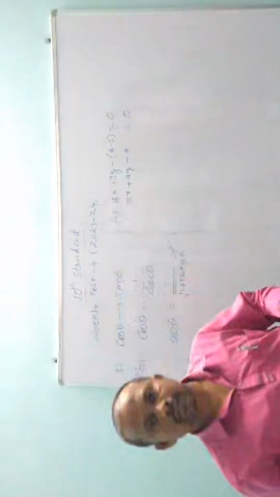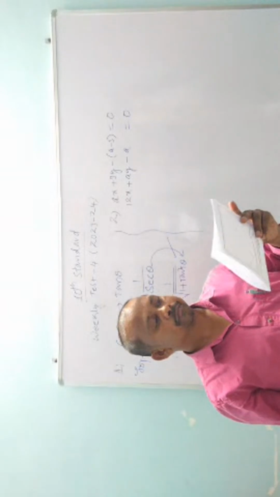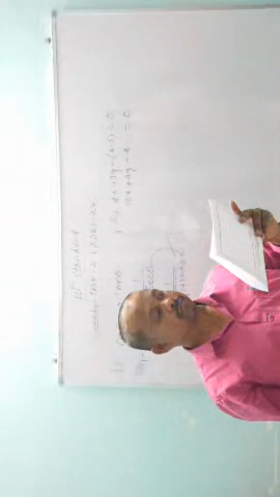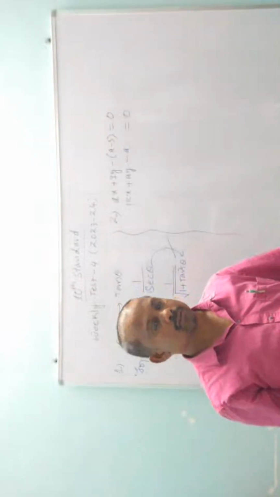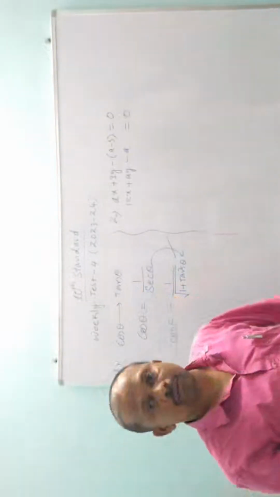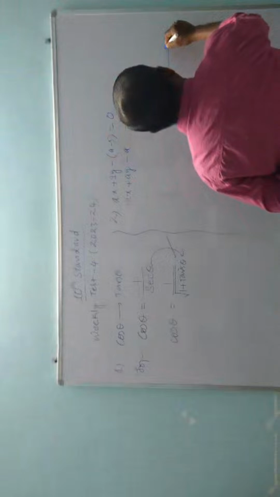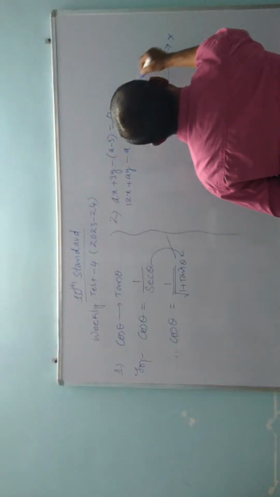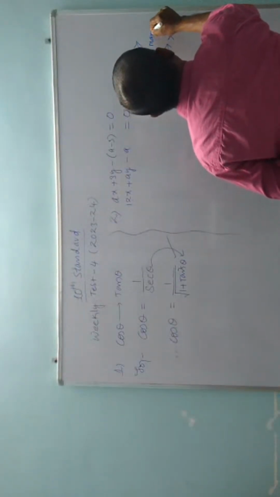Students, if you see here in the question, one condition is given, so that this pair of linear equations has infinitely many solutions. So do you know when we get infinitely many solutions? When we draw the graph, when the lines coincide, we get many solutions.